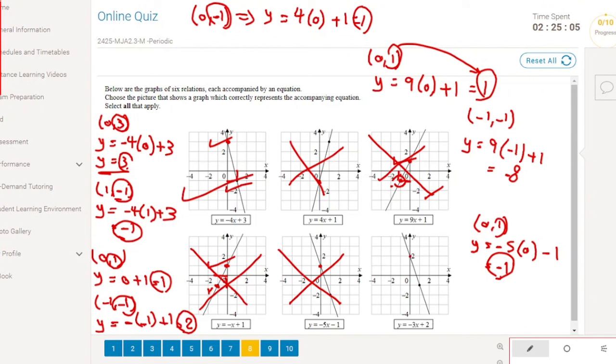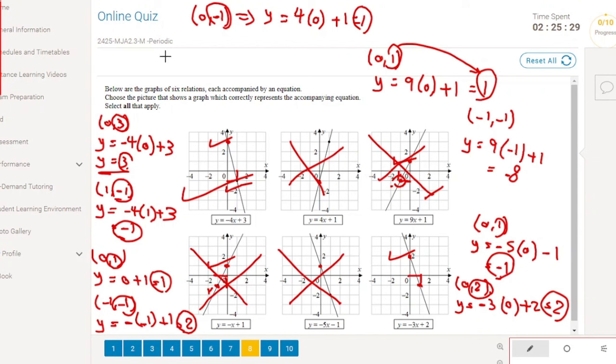Here the point is 0 and 2. So y will be equal to minus 3 multiply 0 plus 2, which will equal 2. So this 2 will equal this 2. So the first point is right. Let's see the second point, which is 1 and minus 1.